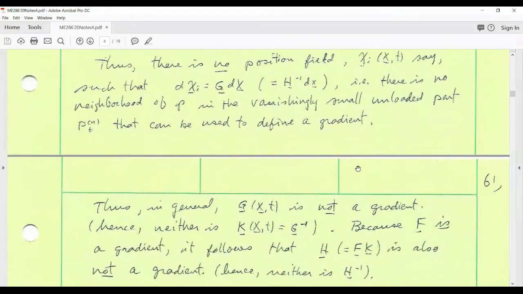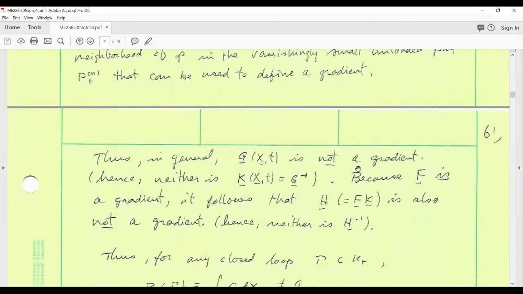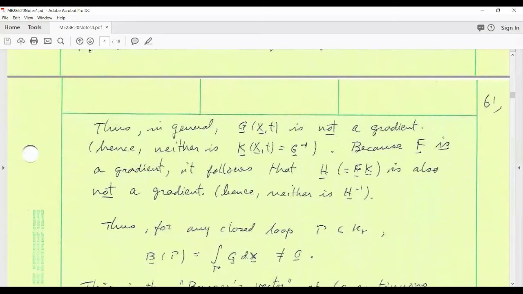So the point is, in order to make this process work, we have to allow the idea that the G, or the F plastic, FP, is not itself a gradient. Of course, F is a gradient. The overall deformation, there is a deformation field on the body. We can take the gradient, and that's the deformation gradient. So F is a gradient, but the individual factors, F plastic, we call FP or G, that is not a gradient.